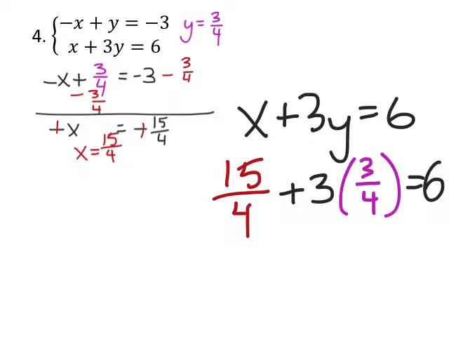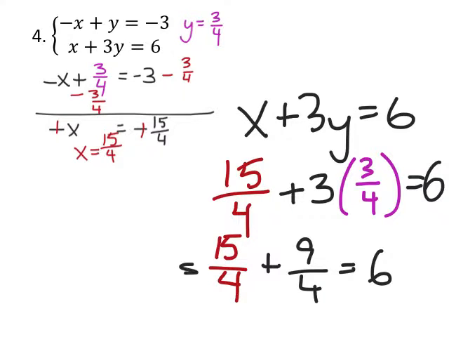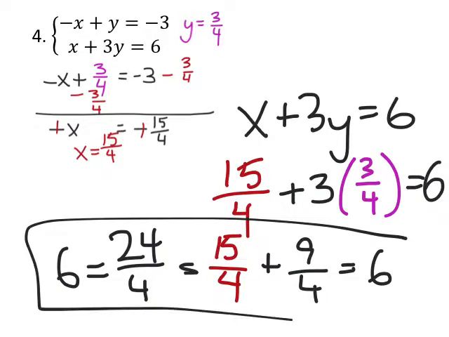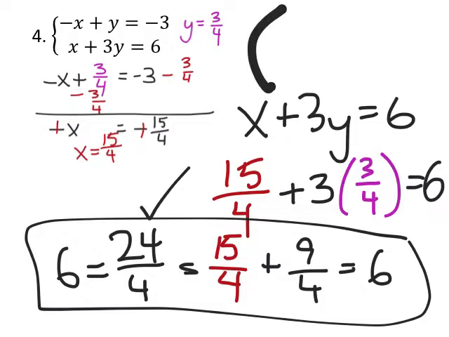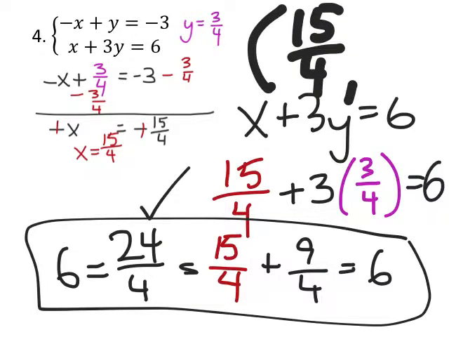And if this is a true statement, then we're good to go. So 15/4 plus 9/4, does this equal 6? Well, 15 plus 9 is 24/4, which does equal 6. So this whole process here has checked this off. We can write our final answer as an ordered pair. We got 15/4 and 3/4.